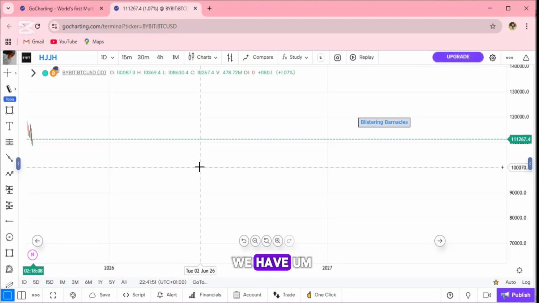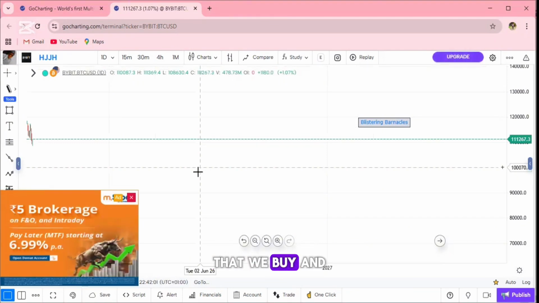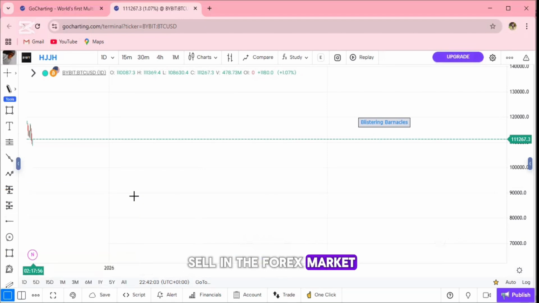We have varieties of assets or instruments that we buy and sell in the Forex market. Talking about the varieties of instruments, we have the synthetic market, the Forex market itself, the currency pairs, the indices, the metals, and so on and so forth.